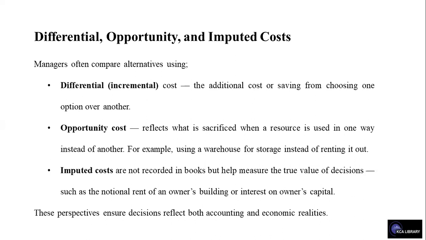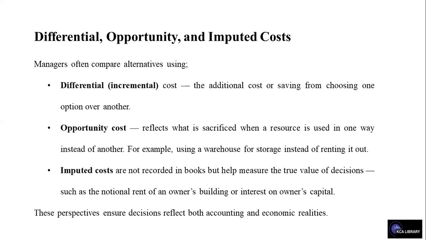Looking at the differential, opportunity and imputed cost, managers often compare alternatives using differential or incremental costs. The differential incremental cost is the additional cost or saving from choosing one option over another.